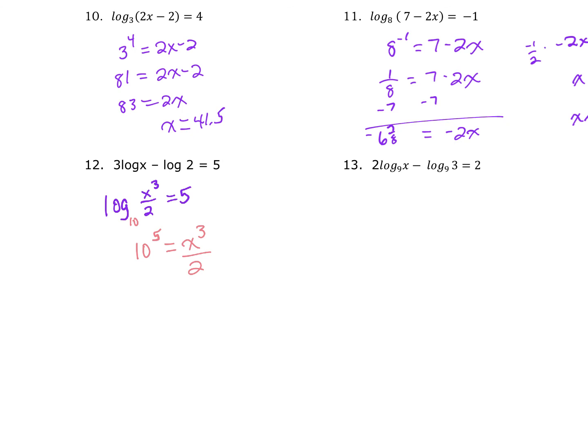So when we multiply here, we get 200,000. We need 5 zeros and then multiply by 2 equals x cubed. So to solve, we're going to take the cube root of that, and so we get 58.48.